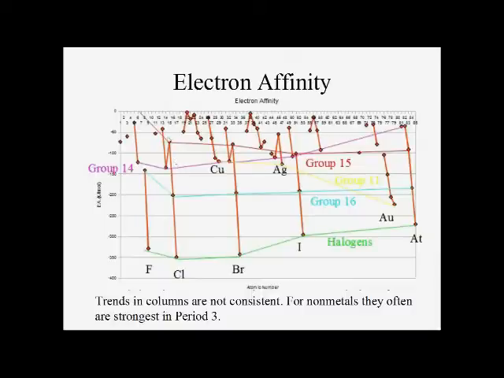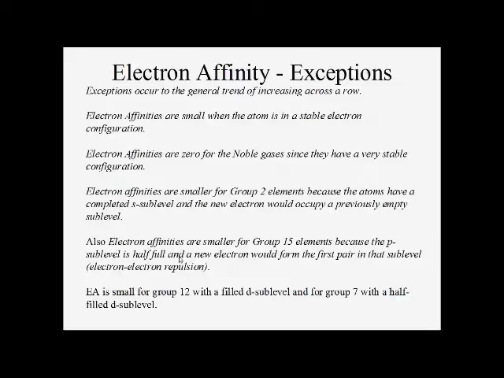Although the one trend that we see, but not for every group, is that period 3 has the strongest electron affinity. So we do have some exceptions to the trends that we can identify also.